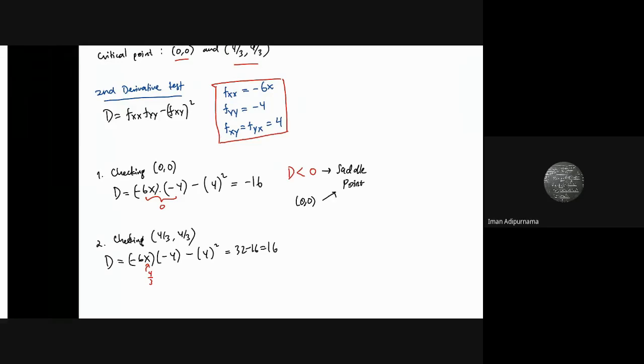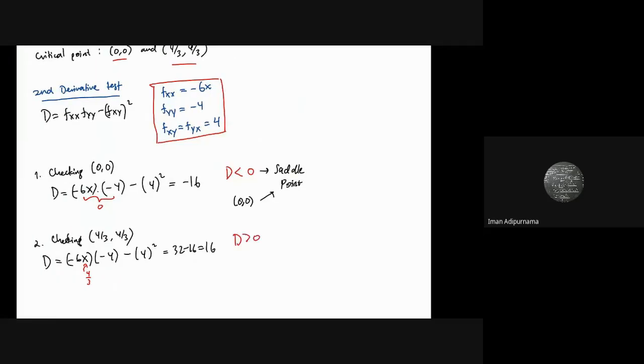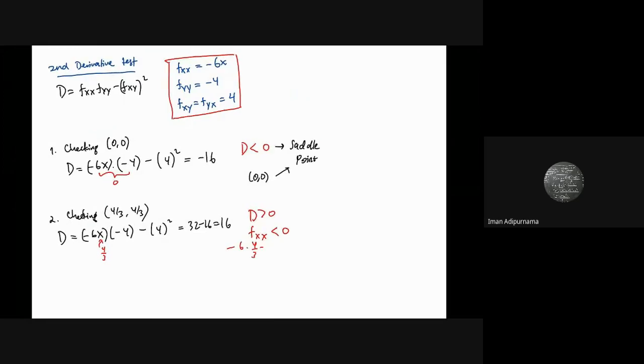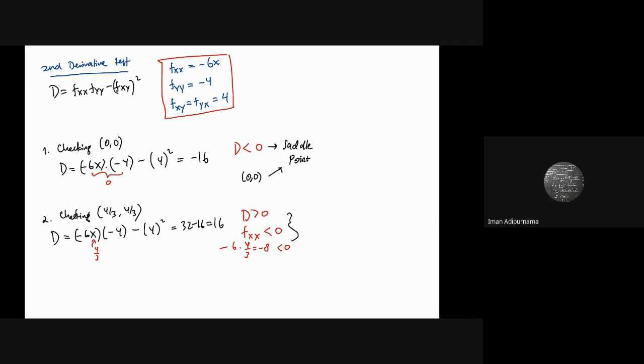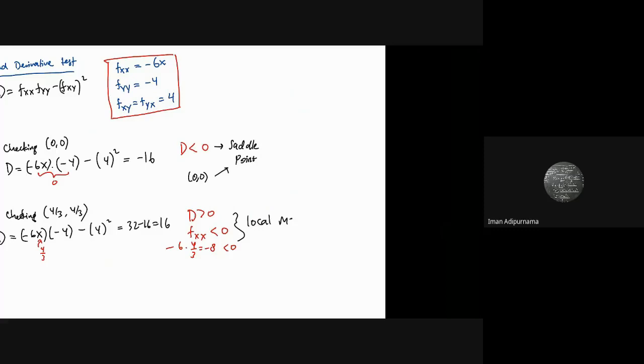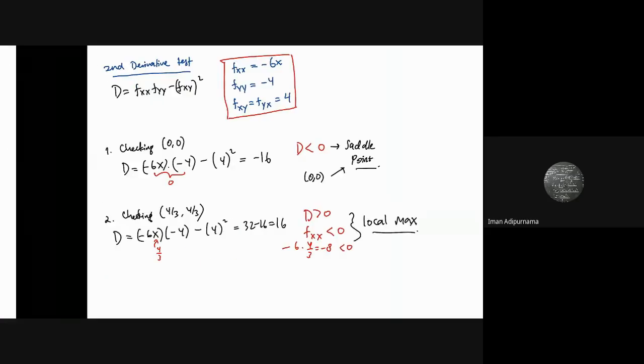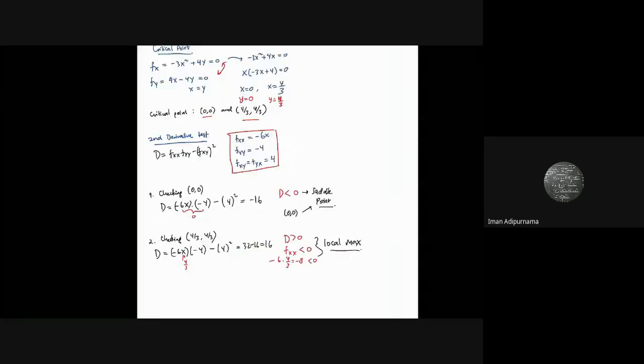So it's 16. So D is greater than 0. And we need to check the fxx. This is less than 0, right? Because negative 6 times 4/3 is negative 8. So we can conclude from here that this is a local max. And because there are only 2 points, that is our conclusion from this example.